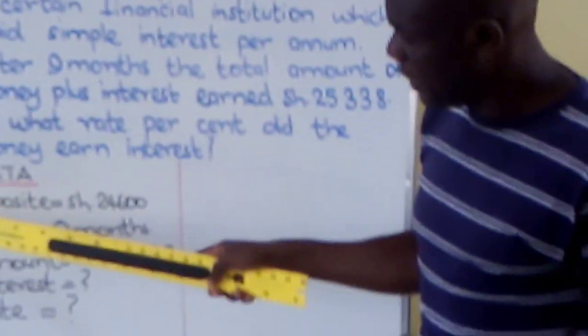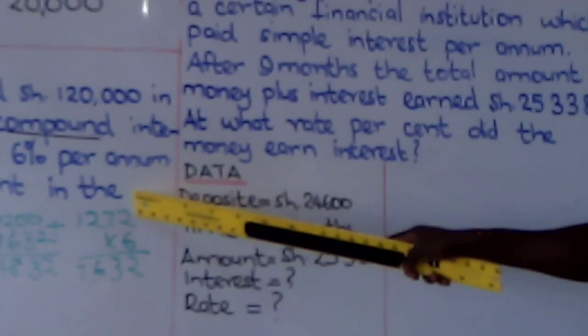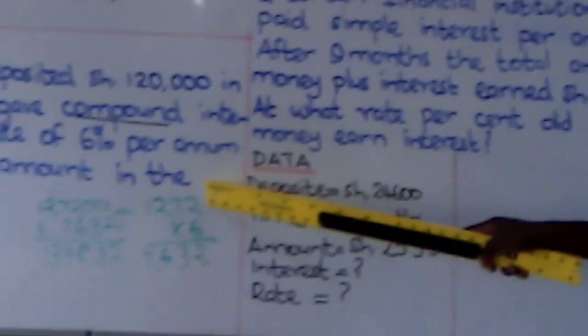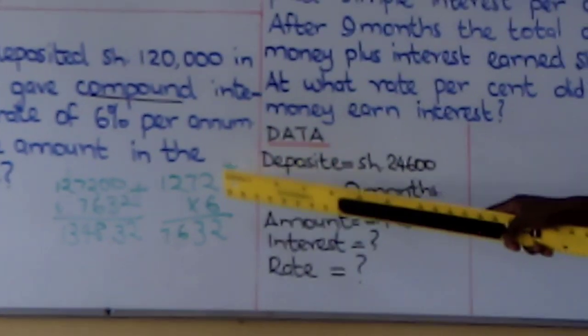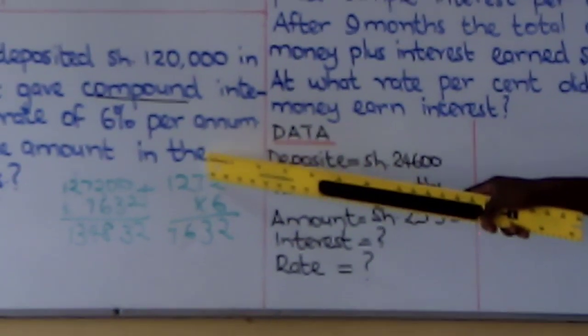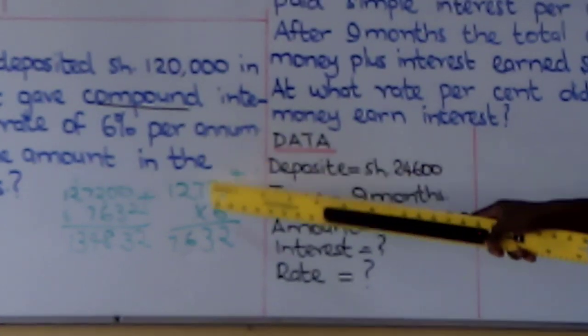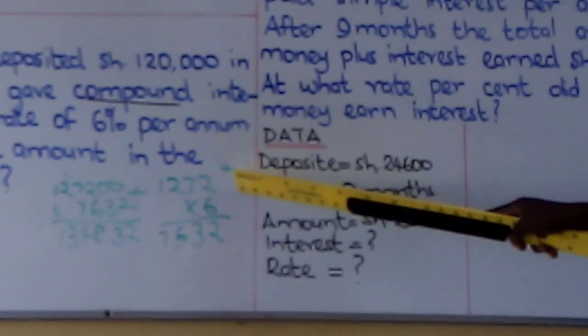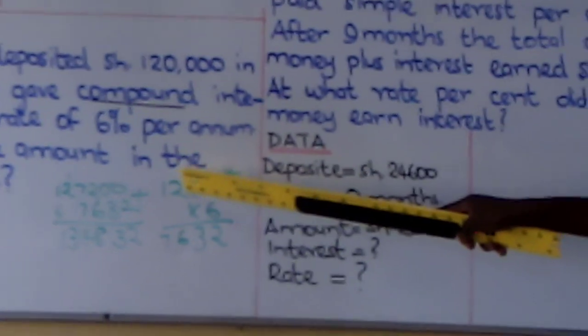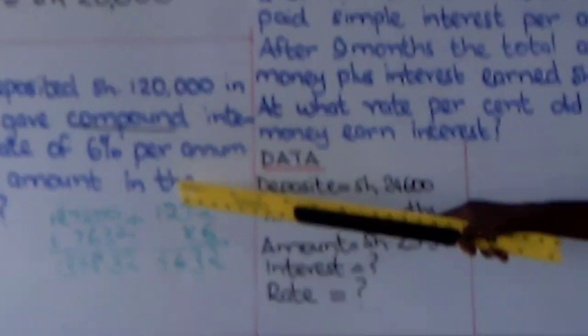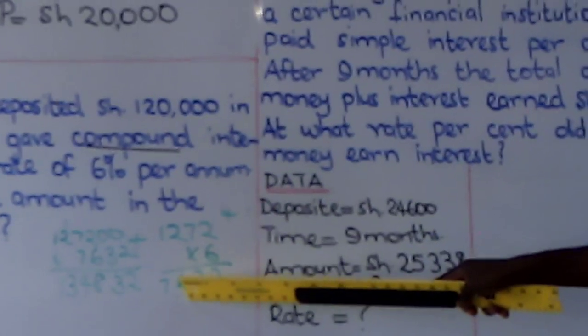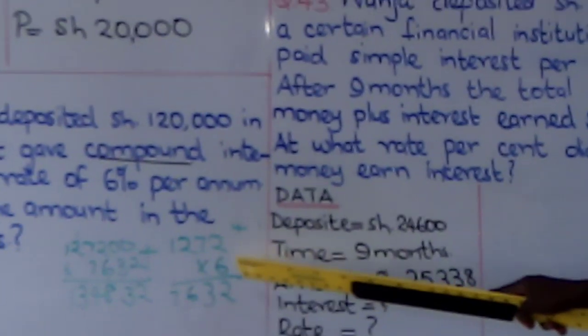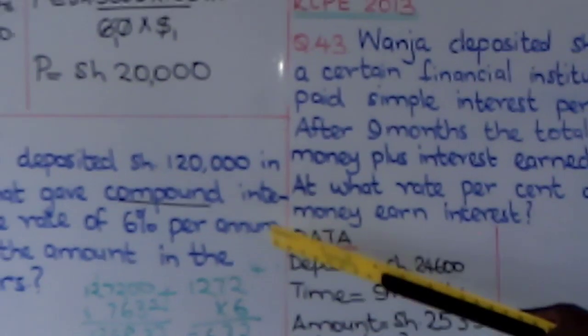Be very careful. 6 times 2 is 12. We write 2, we carry 1. 6 times 7 is 42. 42 plus 1 is 43. We carry 4. 6 times 2 is 12, plus 4 is 16. Carry 1. 6 times 1 is 6, plus 1, 7.